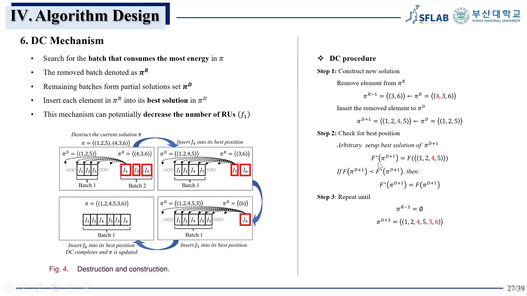And then we compare the new solution with the best solution and obtain the current solution. We repeat until there is no job left in the removed batch, and we obtain the new solution.